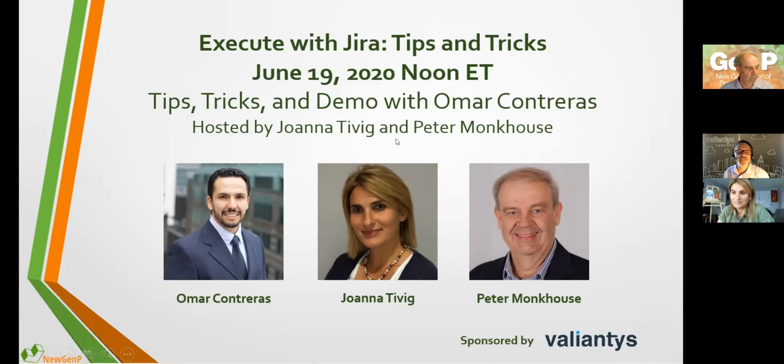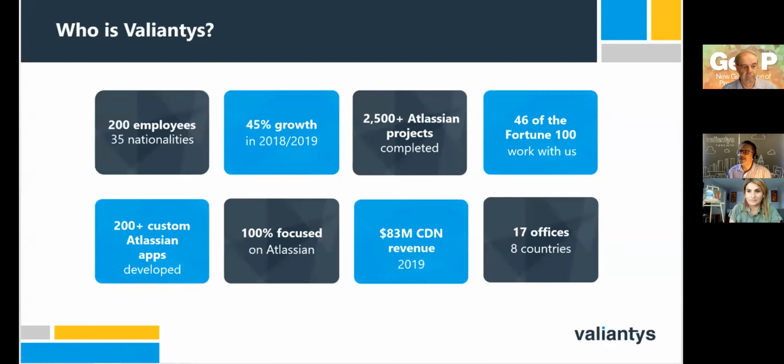Yeah, thanks a lot, Joanna and Peter. Great intro. So you might not have heard of Valiantys. Valiantys is a solution partner for Atlassian. We do nothing but work on Atlassian solutions. And we make no apology for that, because we feel that Atlassian is the best software in the world that helps teams become as productive as they possibly can at the team level, across teams, across the enterprise, helping a number of constituents, especially product owners, because they really rely on team and issue tracking and workflows, and you'll see some of that with Omar.